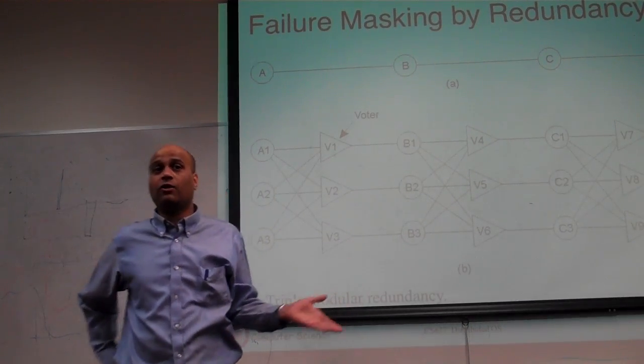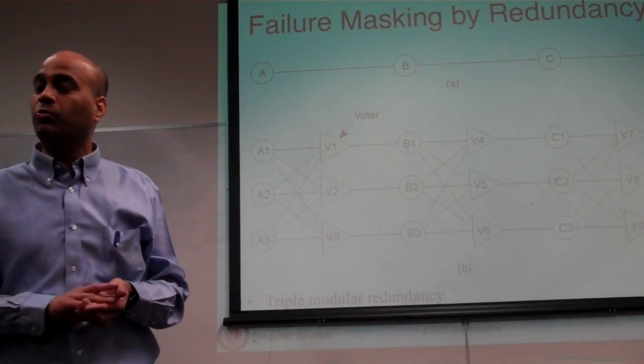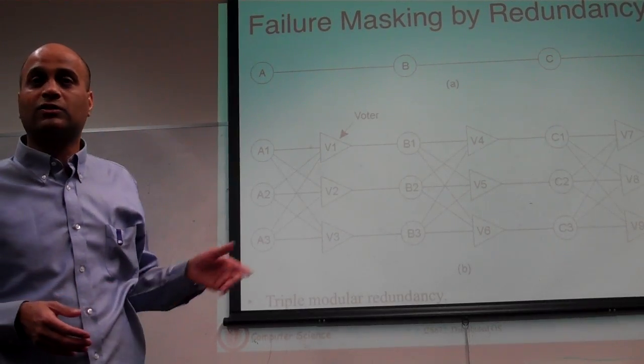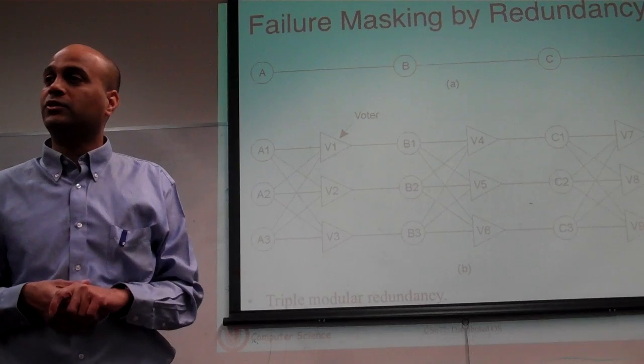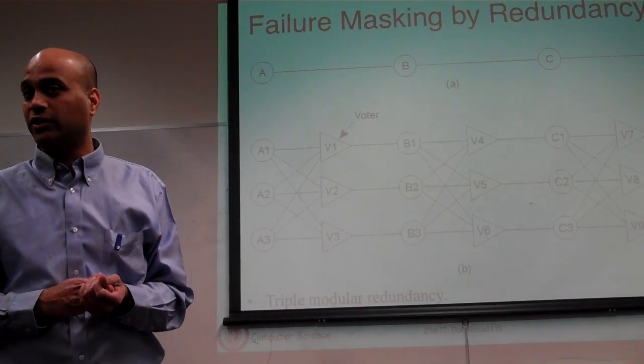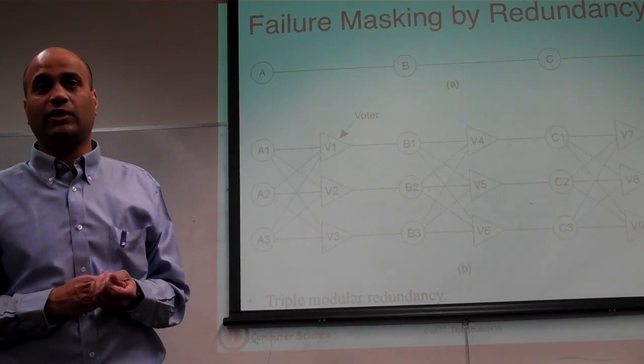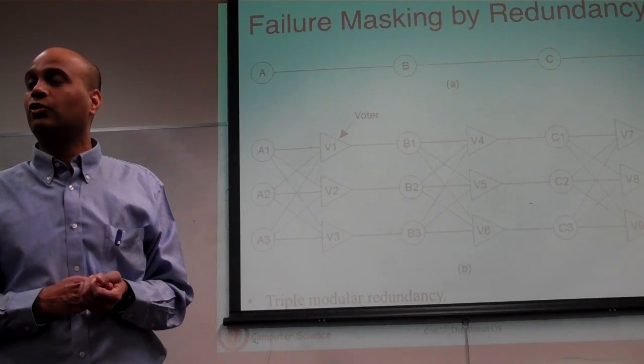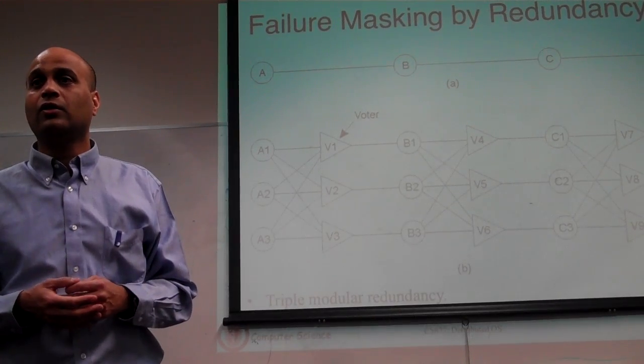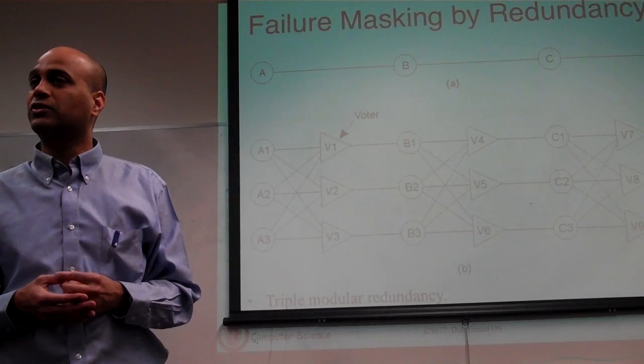So this is how you deal with it. You cannot assume that just because there are faults, only the main part of the circuit is faulty. Even voters may be faulty. These are just hardware components, anything can fail. So you want to design it so that no matter which component fails, your system is going to function correctly.